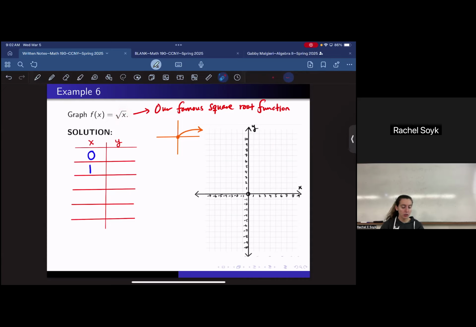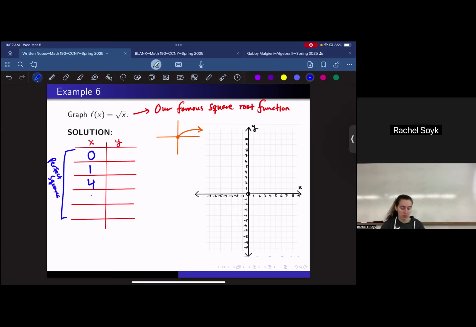So if I picked 2, it would be hard for me to find the square root of 2. So I kind of want to focus on choosing perfect squares. The next value should be 4.